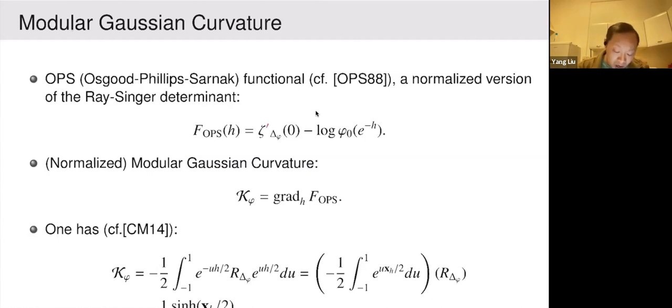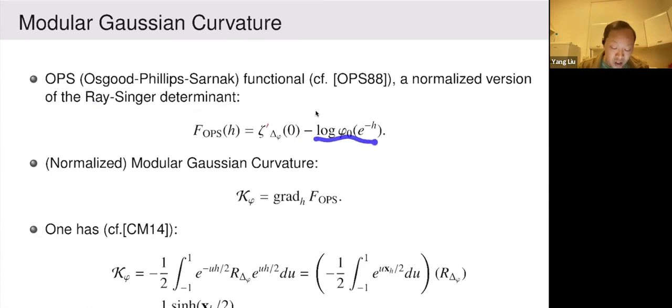Here this functional is a normalized version of this determinant, because look here you have a log, right? This is a log determinant, so after ignoring the log, it should be division. It's divided by volume. That's why I called this a normalized Ray-Singer determinant.